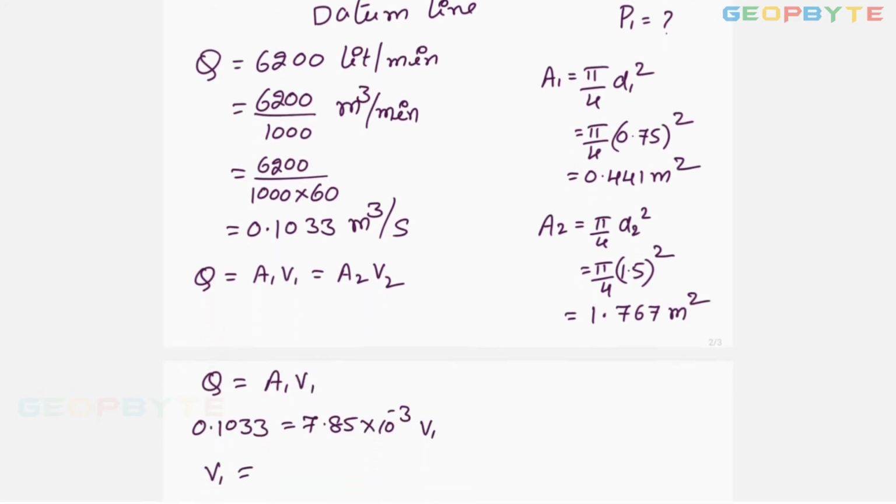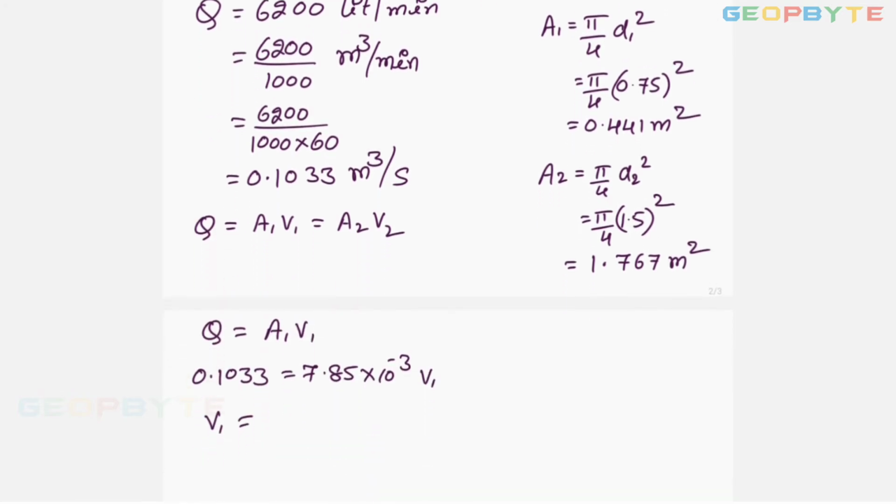Then A1 is 0.441 into V1. From this you can get the V1 value. I am getting V1 equal to 0.234 meter per second.